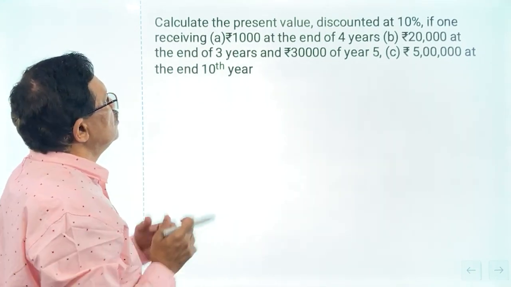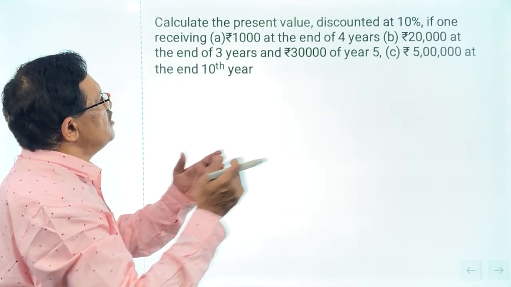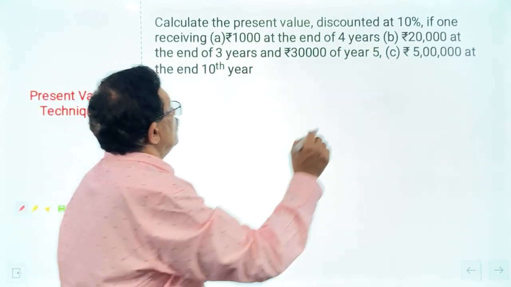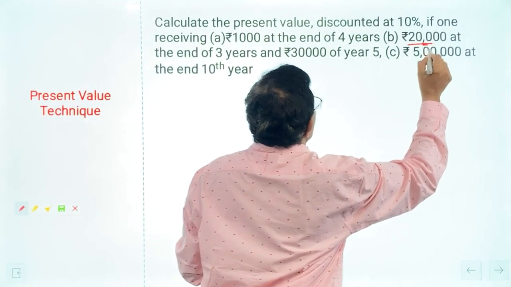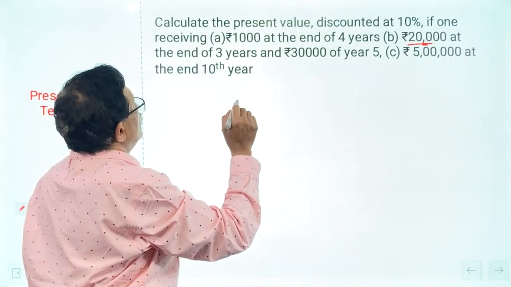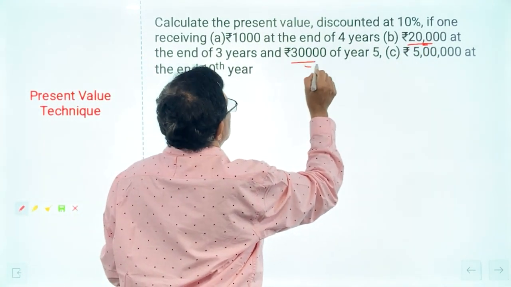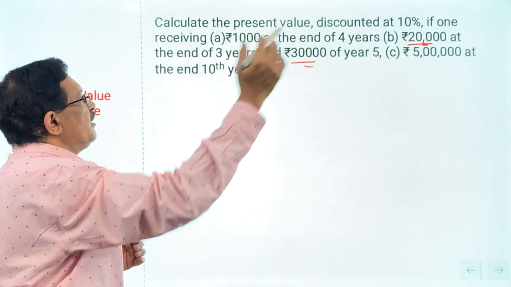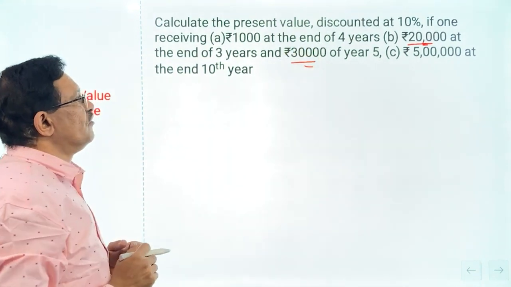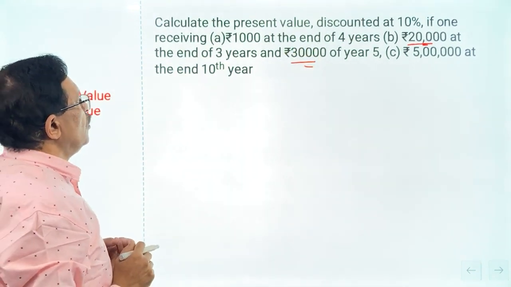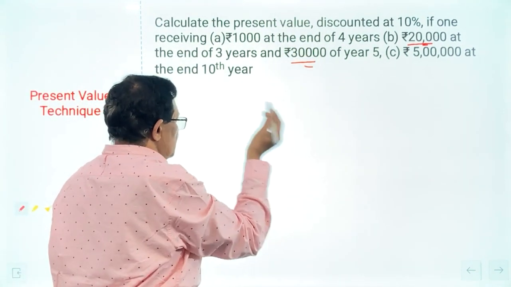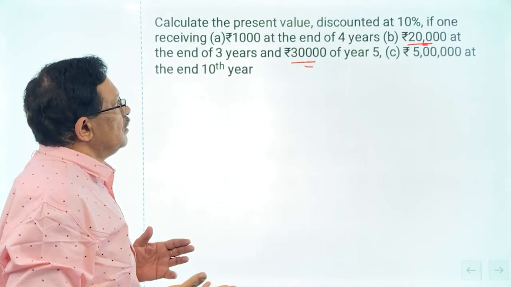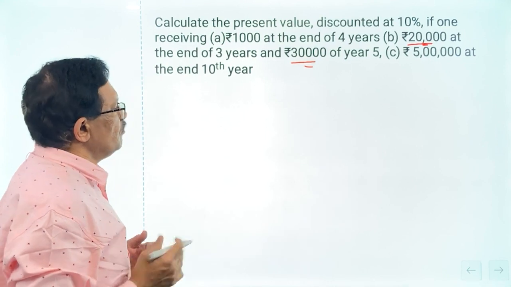We need to find out the present value of the first cash flow, and also the present value of the second cash flow, which is coming at the end of fifth year. So we can use the same formula to compute this.